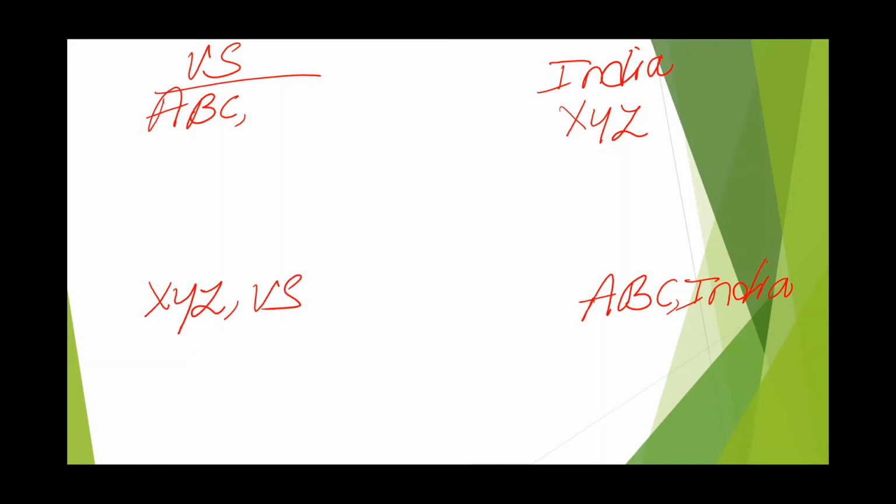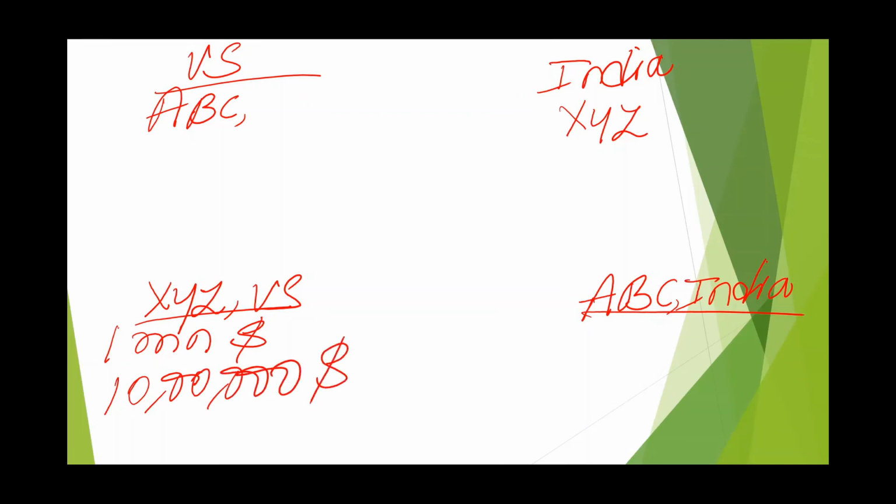Now both companies, XYZ US and ABC India, want money for their future development. Say, for example, XYZ US wants $1 million or 10 lakh dollars. In the same way, ABC India wants 7 crore.